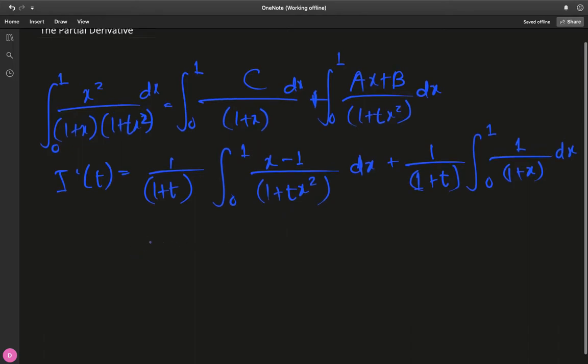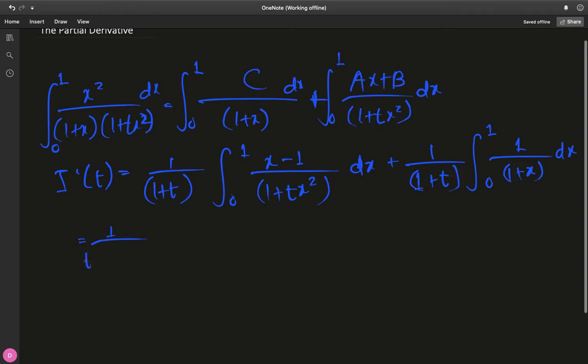Okay, so how can we do this? We can further split the first integral into two separate integrals, and I would also like to pull out the t from the denominator.